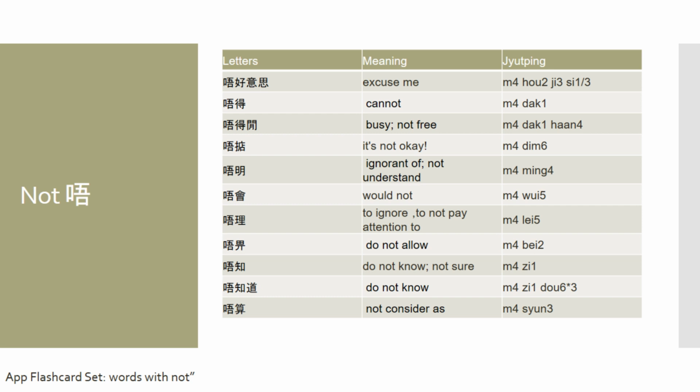And lastly, for this Chinese character, for not consider as, in Cantonese, we say 唔算. Now, if you wish to review these words in the Android app, please look at the flashcard set named Words with Not.